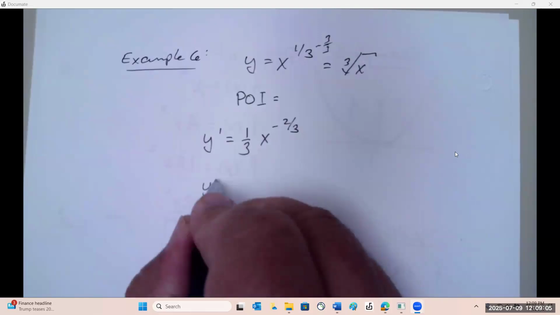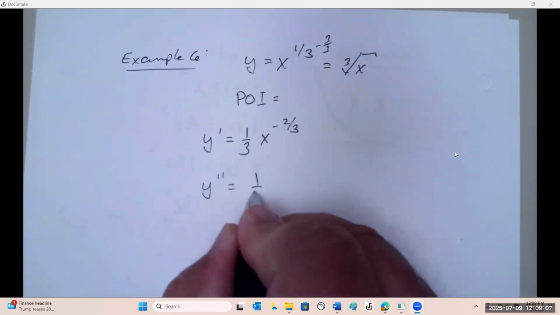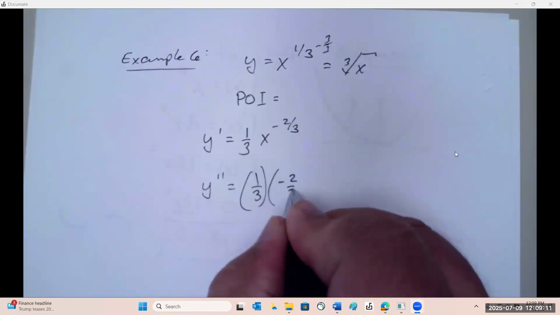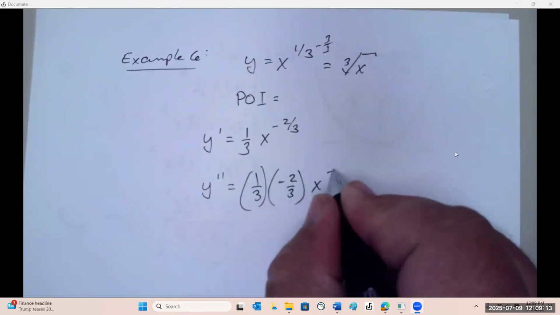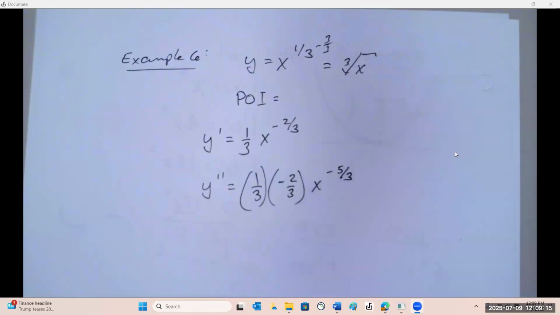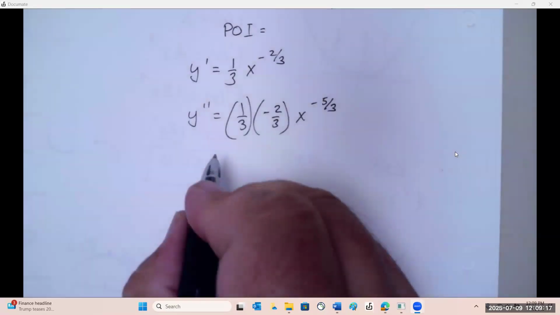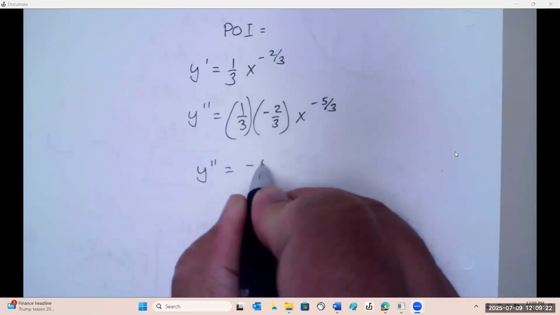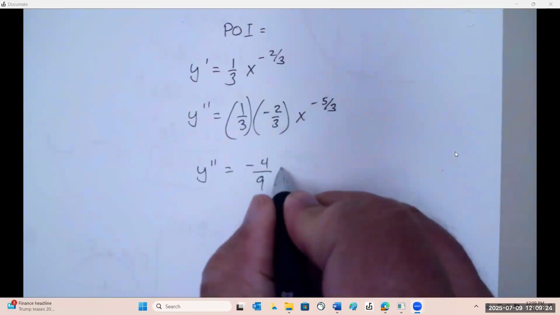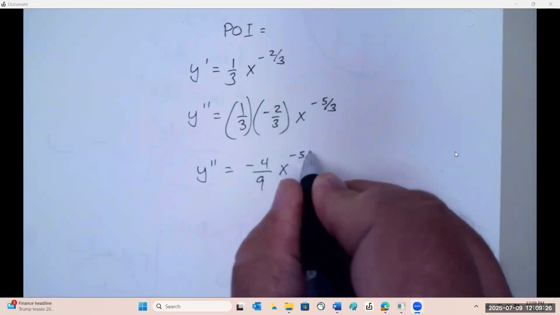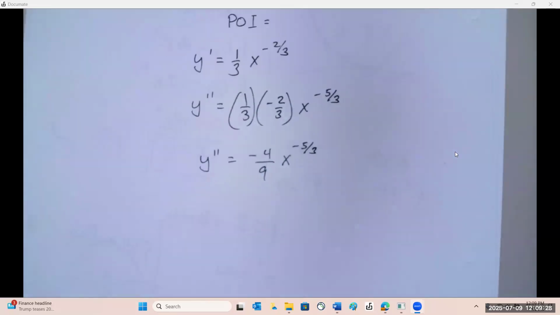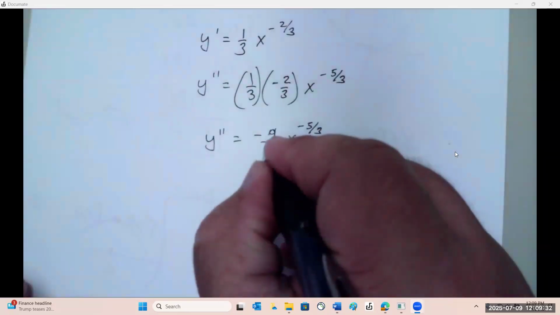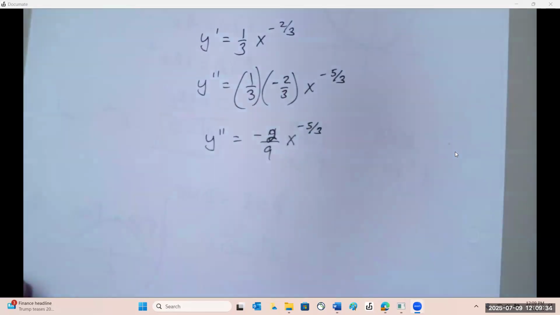And the second derivative, I'm going to have negative 2. Negative 2 over 9.